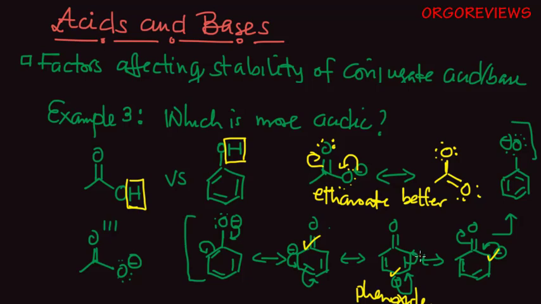Remember, carbon cannot really tolerate a lot of negative charges. Oxygen, however, can tolerate a lot of negative charges, making the ethanoate anion or the conjugate base more stable compared to the phenoxide conjugate base. And therefore, we will predict that the ethanoic acid will be a much stronger acid than the phenoxide.